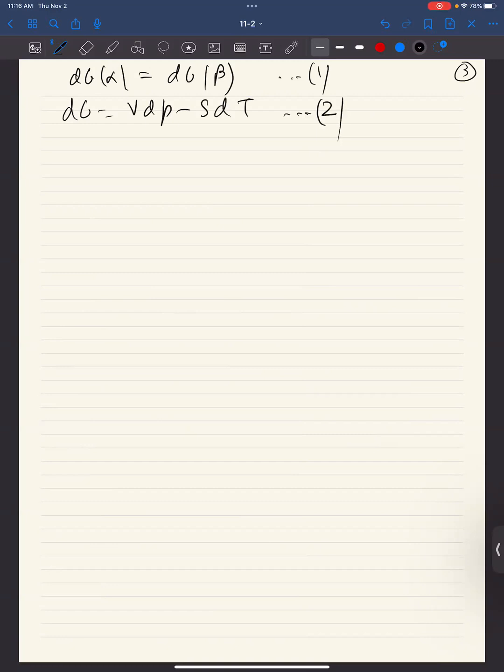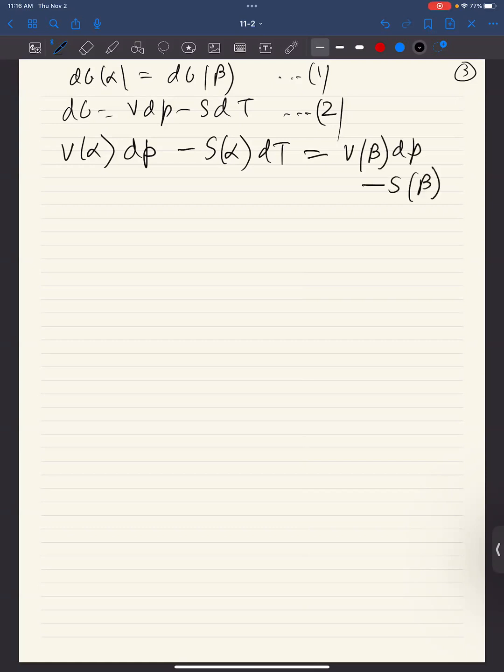We will have volume of phase alpha multiplied by dP minus entropy of phase alpha multiplied by dT is equal to volume of phase beta multiplied by dP minus entropy of phase beta multiplied by dT.